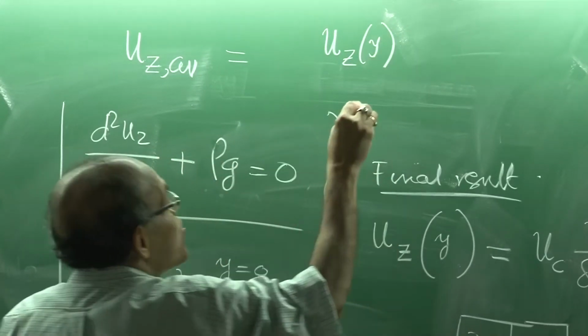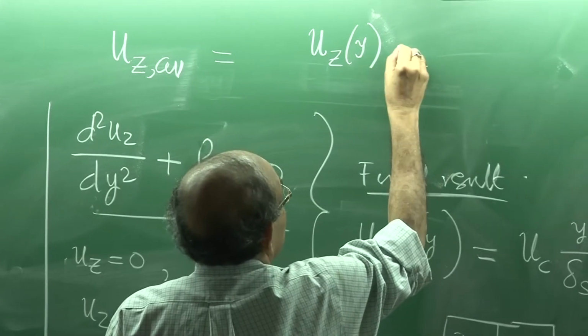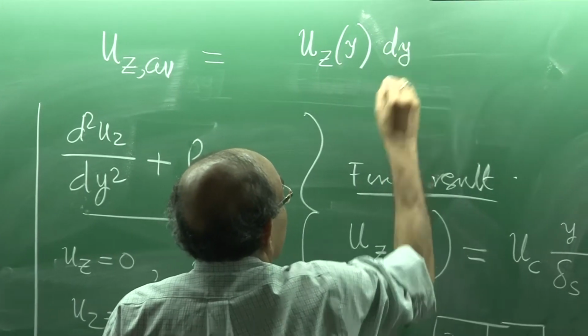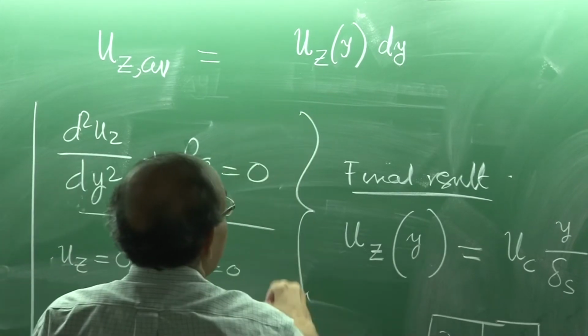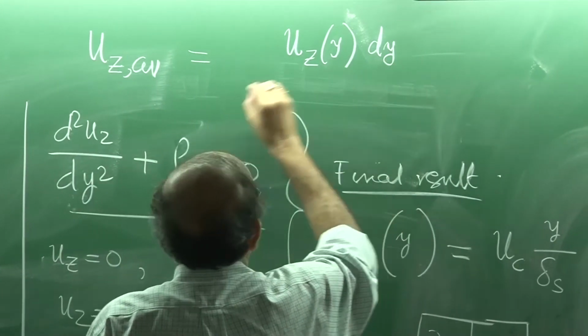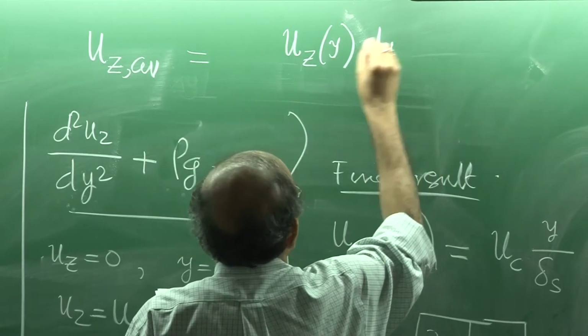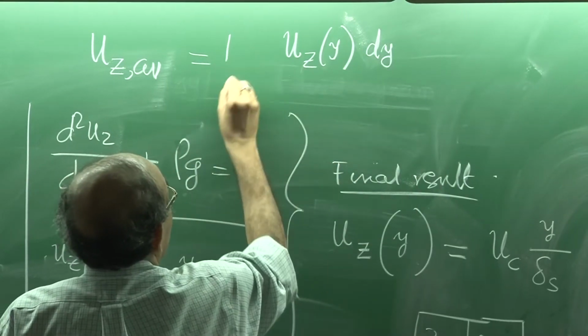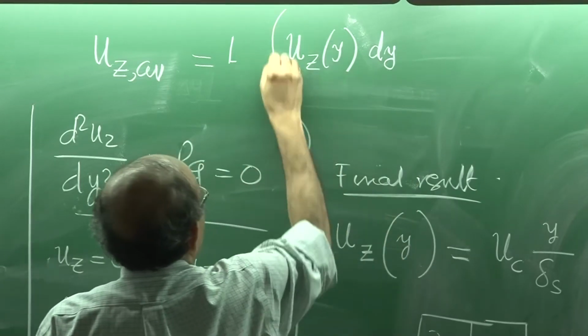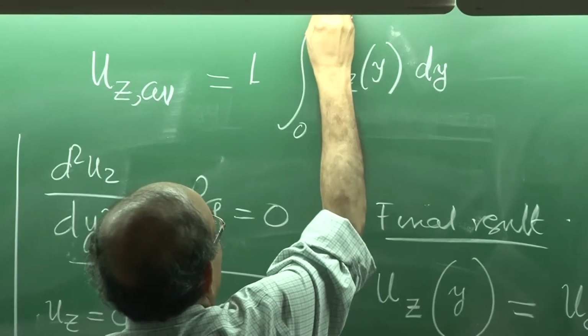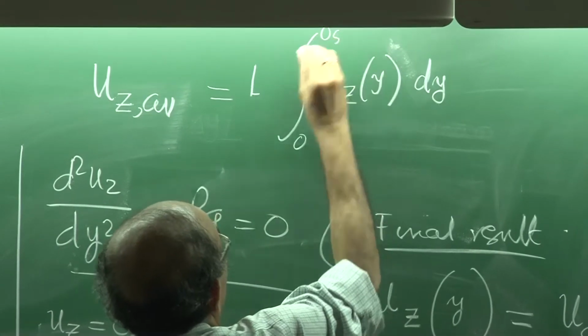Then I integrate this uz over dy, because uz is a function of y, and then I divide by the cross-sectional area. So, I would say that this will have a limit of 0 to delta.